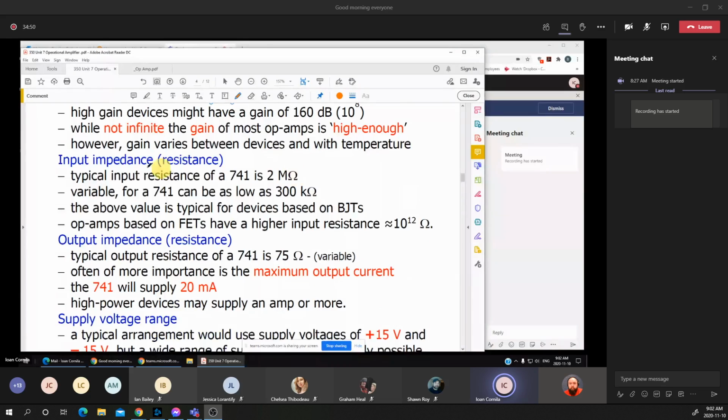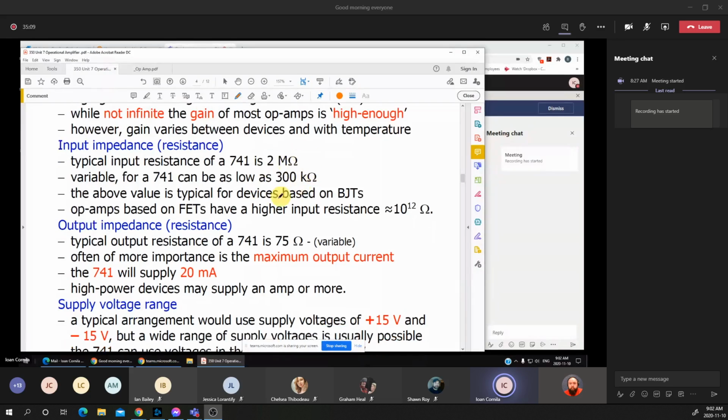In terms of the input impedance, I mentioned that ideally it's infinite. A typical value for the input impedance is about 2 megohms. It's a very high impedance. That's for a BJT. If we are using an FET or MOSFET technology, or field effect transistor, we may see much larger values, such as 10 to the power 12 ohms.